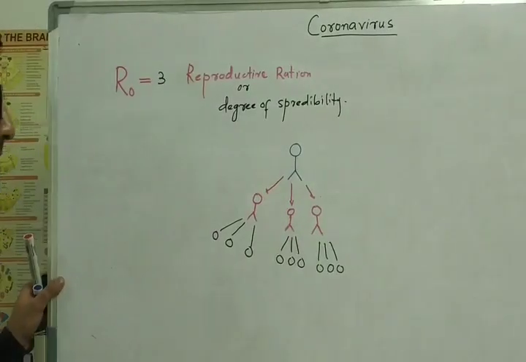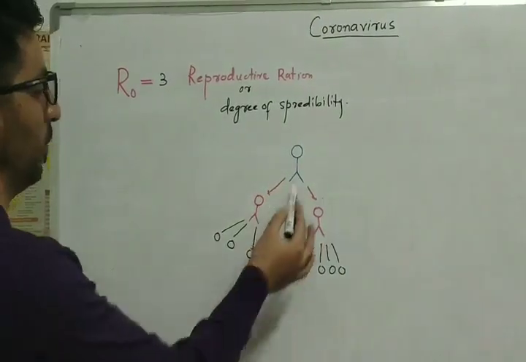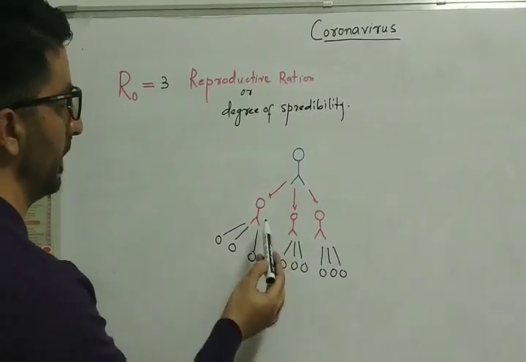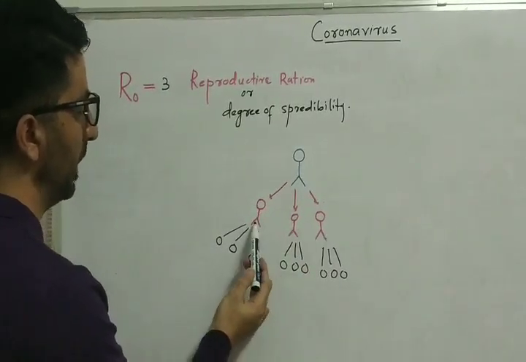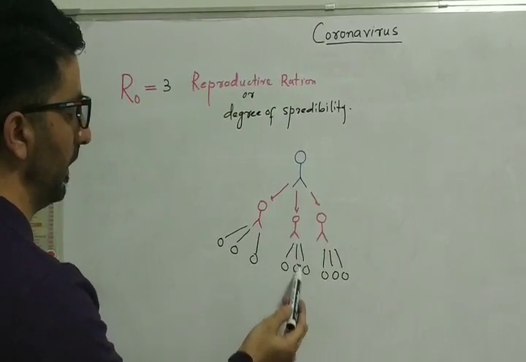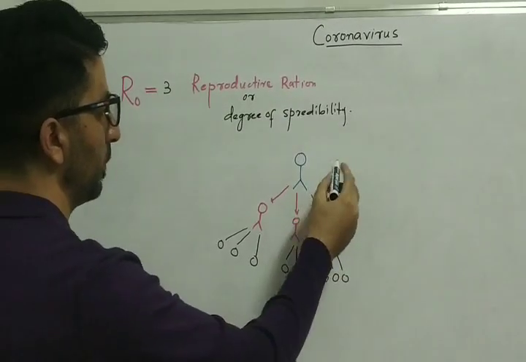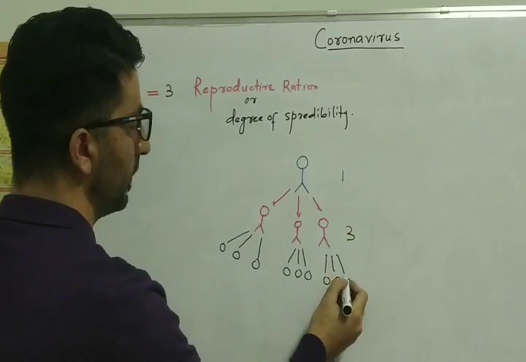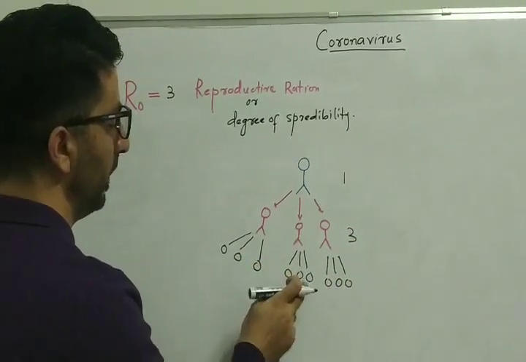So one person spreads it to 3, but each of those also spreads it to 3. So this was 1, there were 3, then 6.